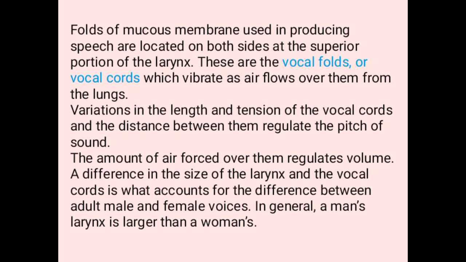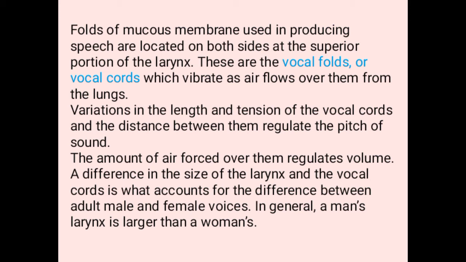The vocal folds, or rather the vocal cords, vibrate as the air passes through them from the lungs, producing the voice. The variations in length and tension of those vocal cords, on the superior part of the larynx, determine the pitch of sounds.